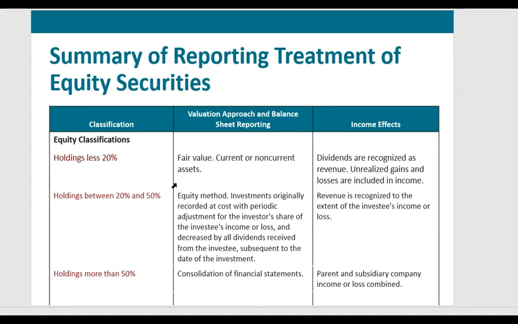Investments are originally recorded at costs, and then they are adjusted for the investor's share of the investee's income or loss. The equity investment is decreased by dividends that are received from the investee. Other income effects, revenue is recognized to the extent of the investee's income or loss. Holdings of more than 50%, we just need to remember this one rule. We don't actually have to apply it until you reach advanced accounting, consolidation of financial statements.